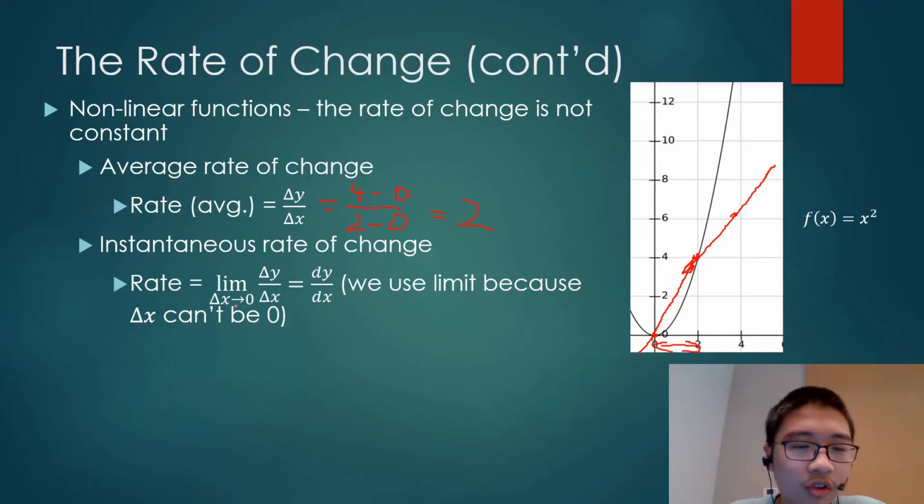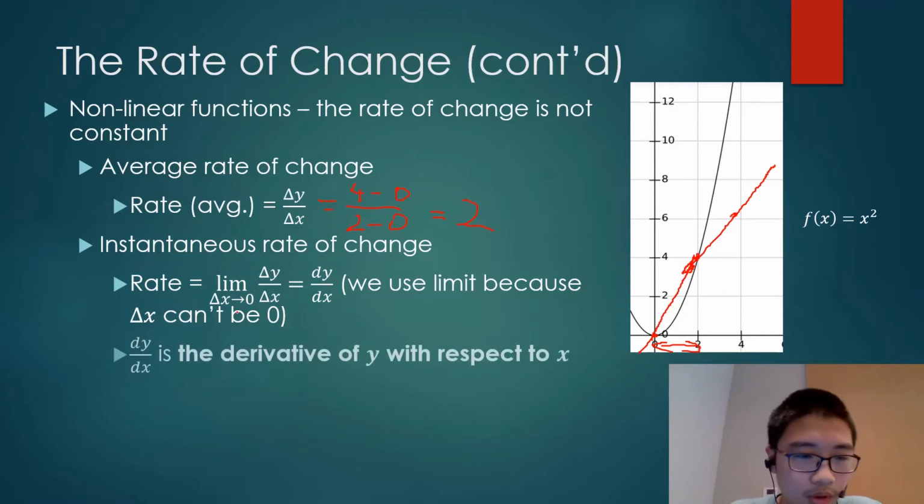The limit as delta x goes to 0 of delta y over delta x is equal to dy over dx. dy over dx is defined as the derivative of y with respect to x. We use a limit because we don't want delta x to equal 0, because delta x is the denominator, and a denominator can't be 0.